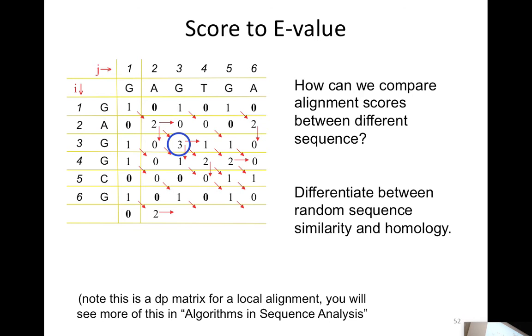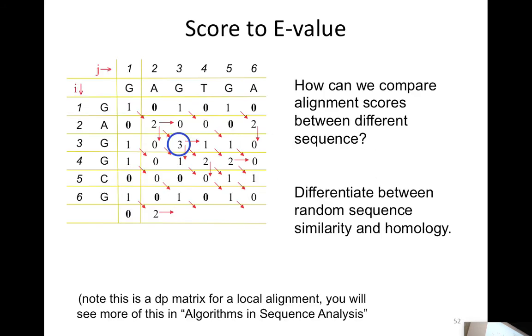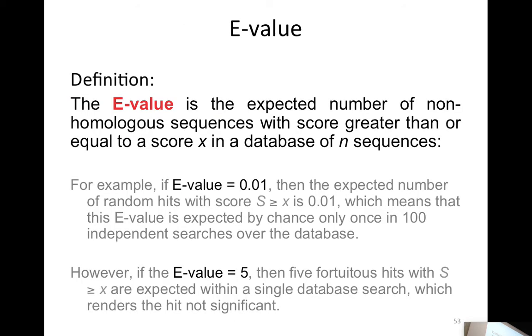We get these scores simply from the highest point in the dynamic programming matrix. Slightly different from before, where we looked at the end position, for local alignments we look at the highest score to get the first score. Now this score from the alignment matrix is first transformed to a bit score, and then later transformed to the e-value.